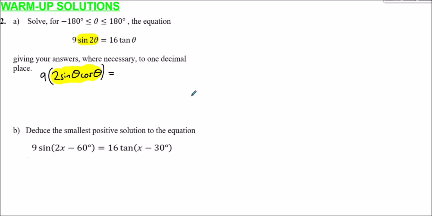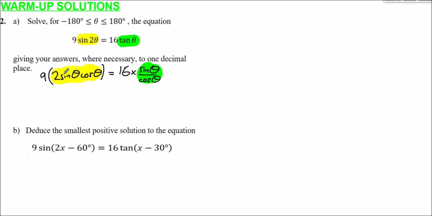And here for tan theta, I'm going to rewrite it in terms of sine and cosine. So that's 16 times sine theta over cos theta. So it might be tempting to think I've got sine on both sides, let's divide through by sine theta. When it comes to A level, and especially trig, try to solve by factorising rather than dividing through.